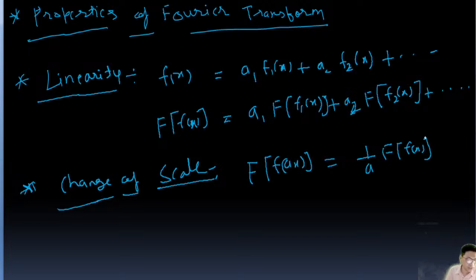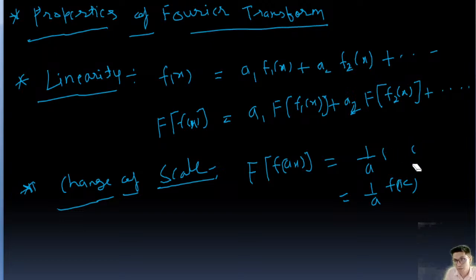So the Fourier transform of f(ax) is 1 upon a times f(k), where f(k) is the Fourier transform of f(x).